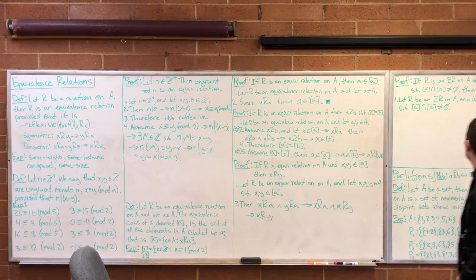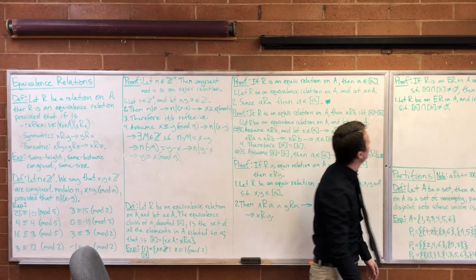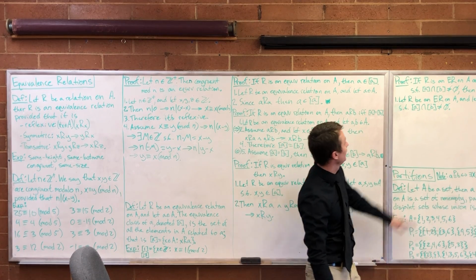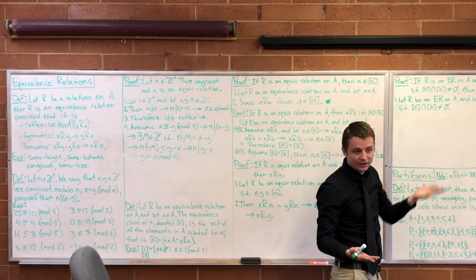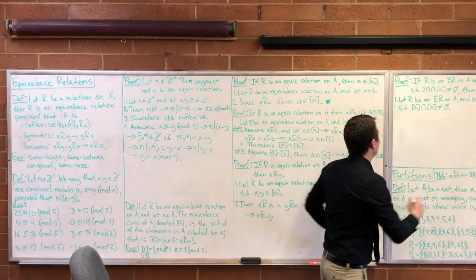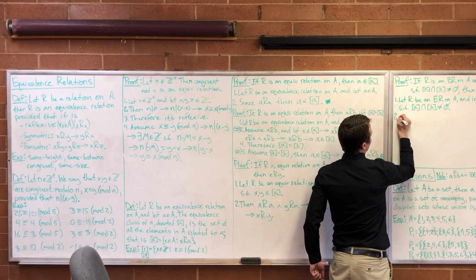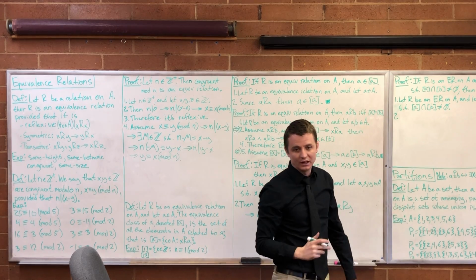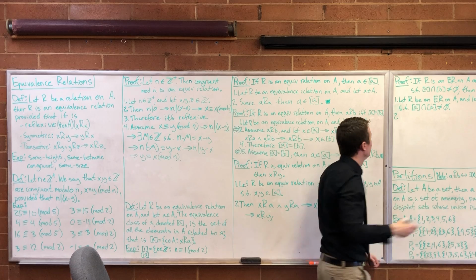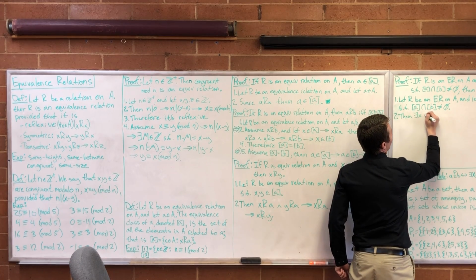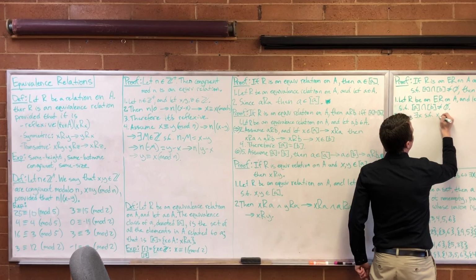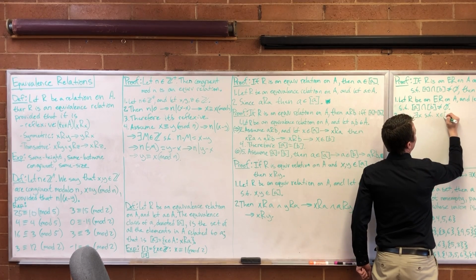Let R be an equivalence relation on some set A, and let A and B be elements in A such that the equivalence classes of A and B do not have an empty intersection. If their intersection is not empty, what does that mean? That there's something in there, right? So then there exists some X such that X is in.